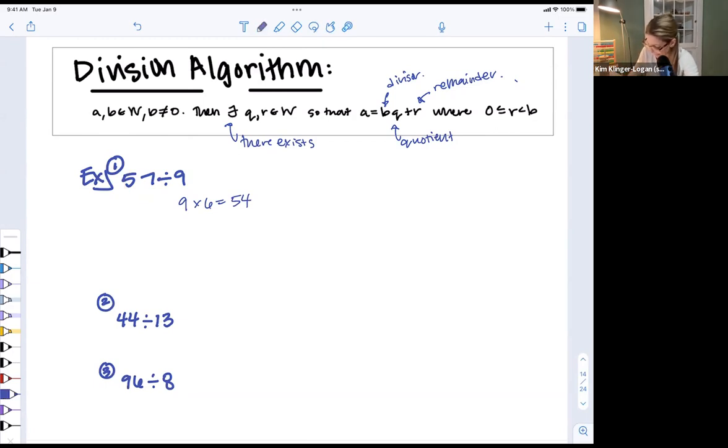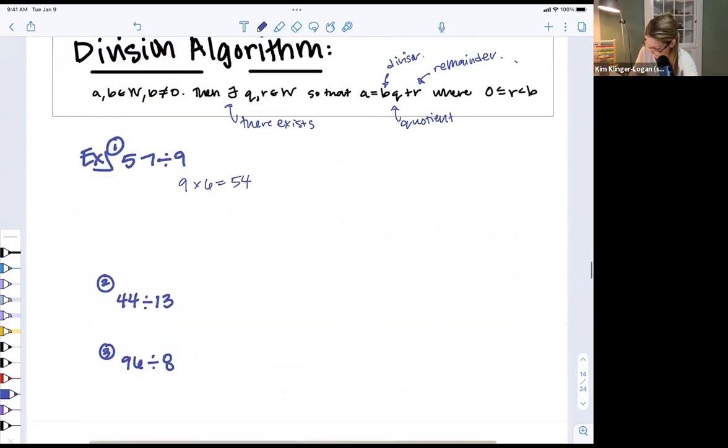So if I add 3 to both sides, 9 times 6 plus 3 gives me 57. That's exactly what this division algorithm is spelling out. So here, 57 is my A, 9 is my B, my quotient is 6, and my remainder is 3. And the thing to notice is that this remainder, 3, is less than B, my divisor.